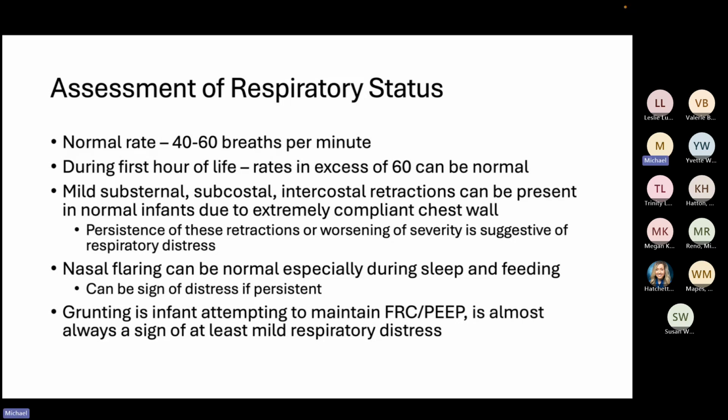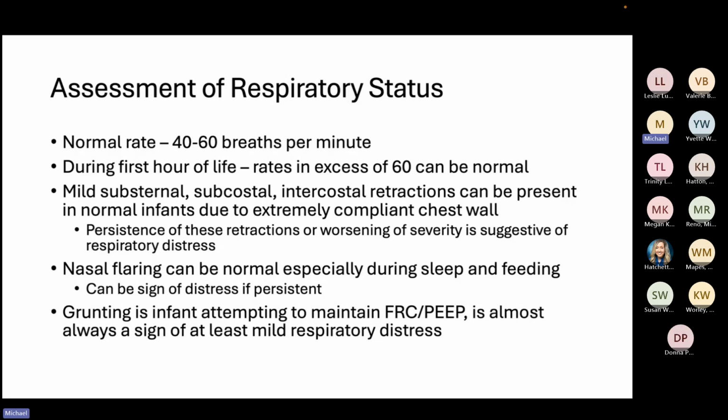We oftentimes hear about and talk about grunting. Grunting is an infant's attempt to maintain FRC. FRC is an acronym for functional residual capacity. Technically, what FRC means is it's the amount of air left in the lung after full exhalation.